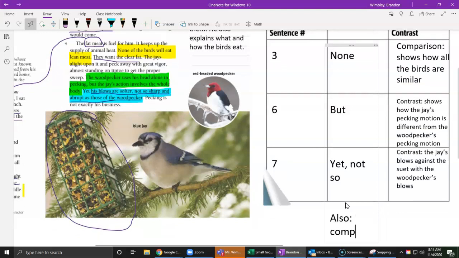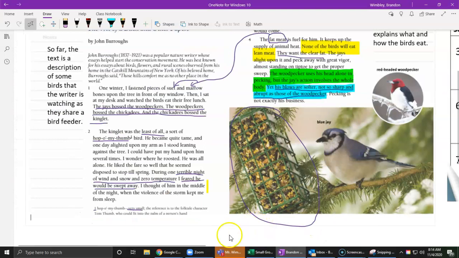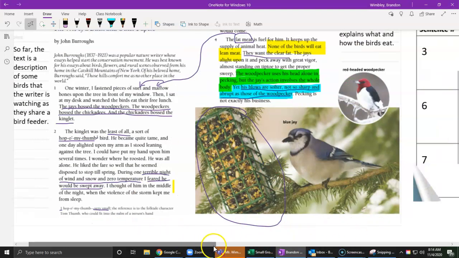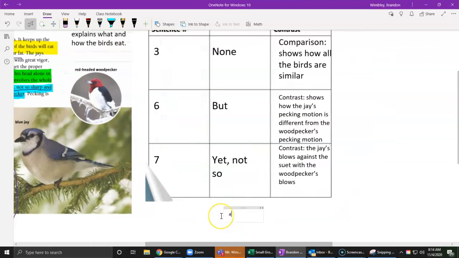Also is a comparison. And I'm going to just do a new one for us. Oops, so let me slide this over. So also is a comparison. We have the word none, which we already talked about, is a comparison.